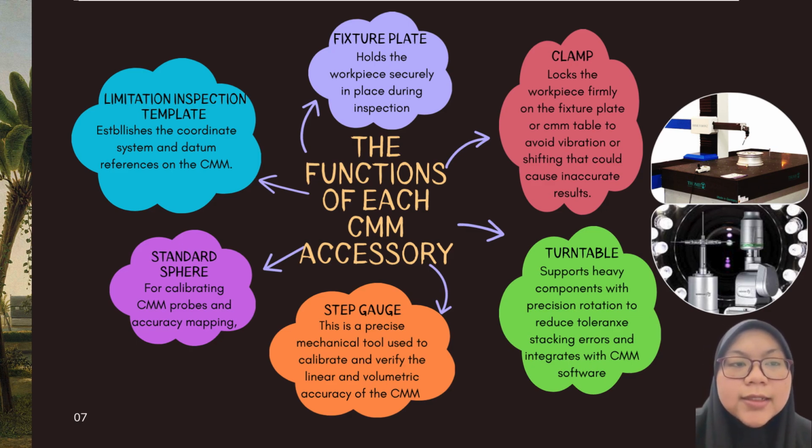And for the last, the precision inspection template establishes the alignment and datum reference system, matching CMM coordinates with engineering drawings. For the datum reference, there are 3. First, the primary datum A is from the flat bottom plane.